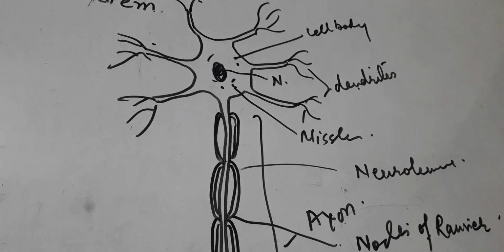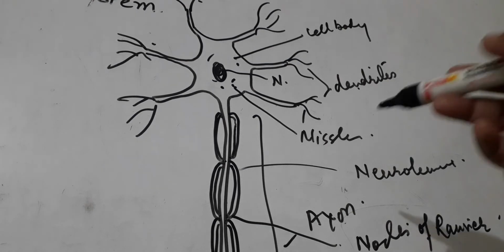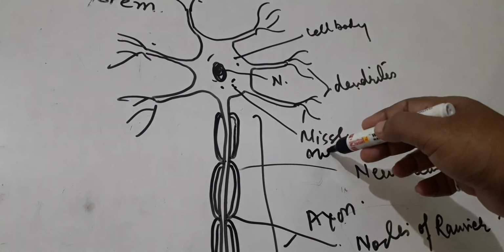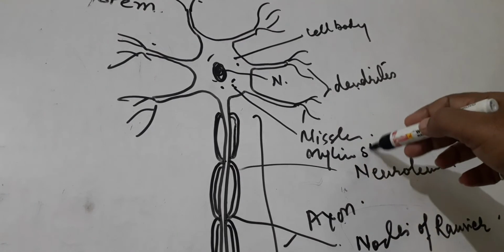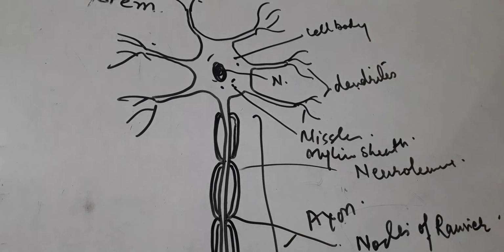So many nerve fibers are enclosed with a membrane called a nerve. The outermost sheath is known as neurolemma, and it is surrounded by the sheath known as myelin sheath. Okay, this diagram you have to practice because it may be asked.